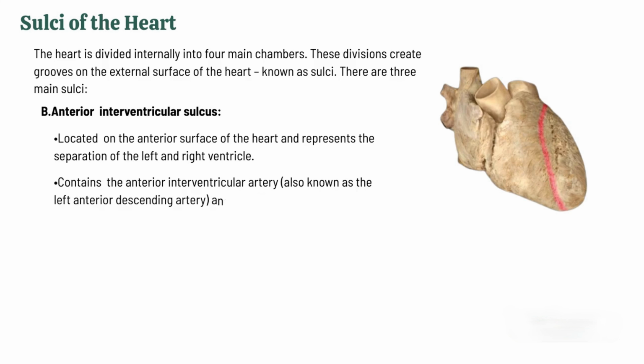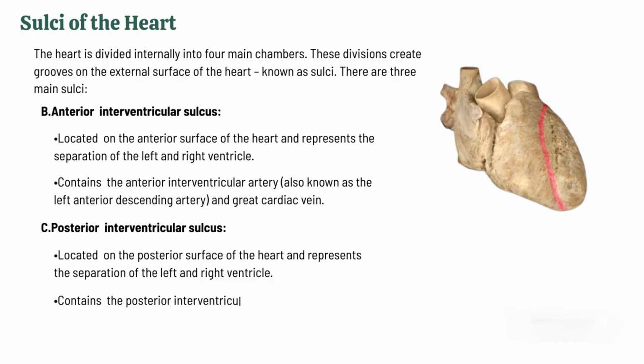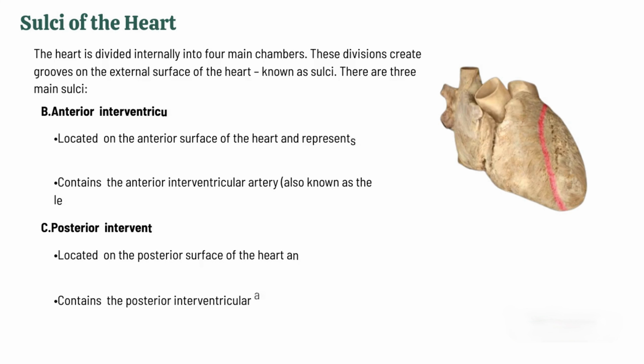It contains the anterior interventricular artery, also known as the left anterior descending artery, and the great cardiac vein. C. Posterior interventricular sulcus. Located on the posterior surface of the heart, it represents the separation of the left and right ventricle. It contains the posterior interventricular artery and the middle cardiac vein.